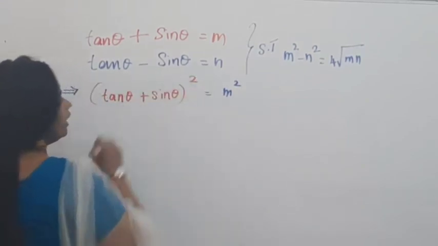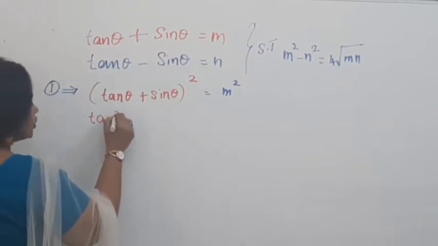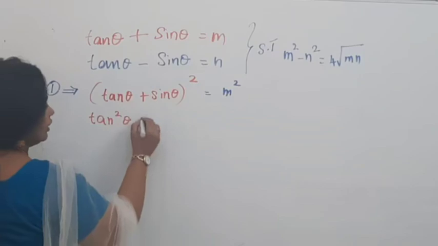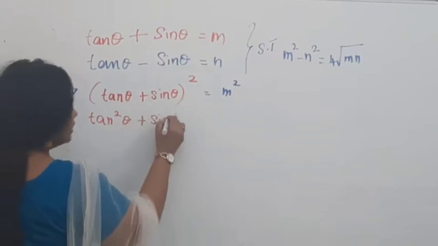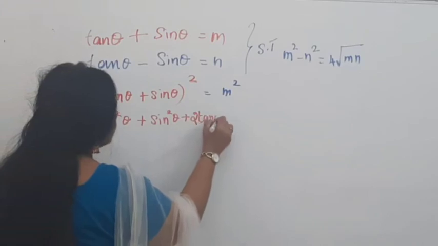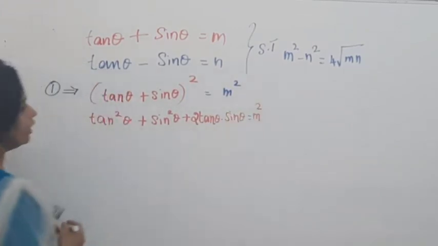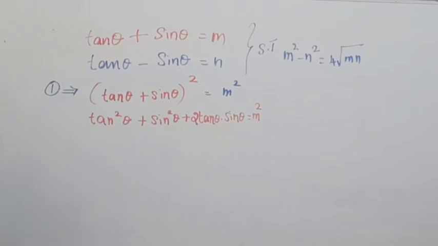That is my m square. So now I am expanding, a plus b the whole square, tan square theta plus sin square theta plus 2 tan theta sin theta. So I got my m square right now.